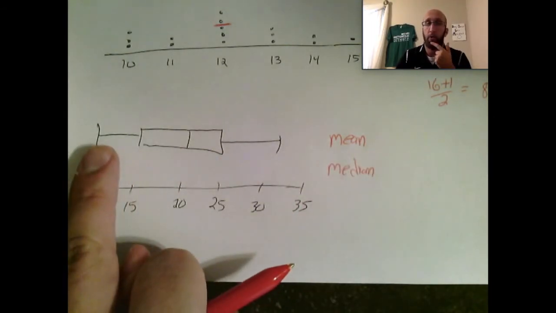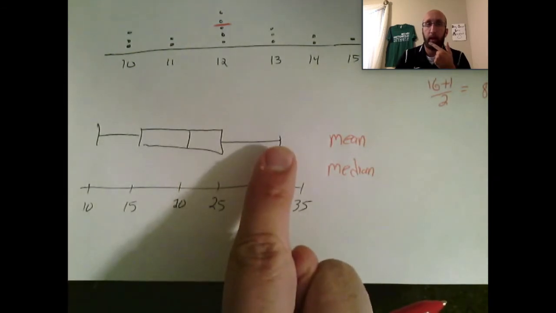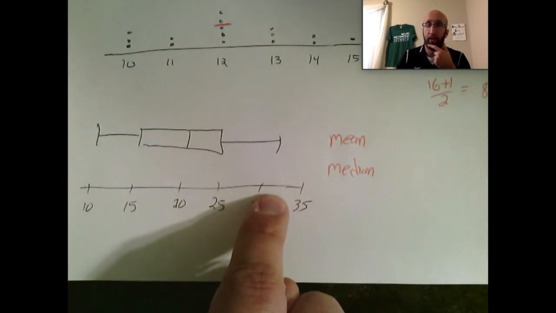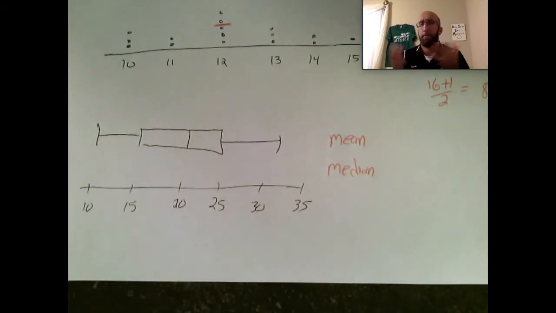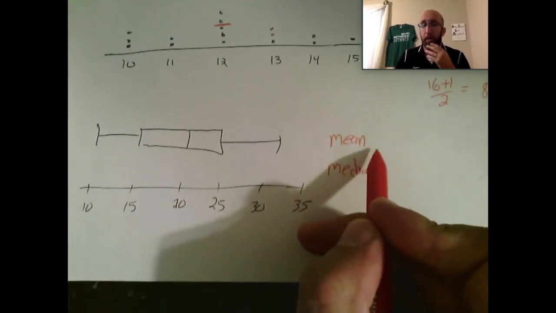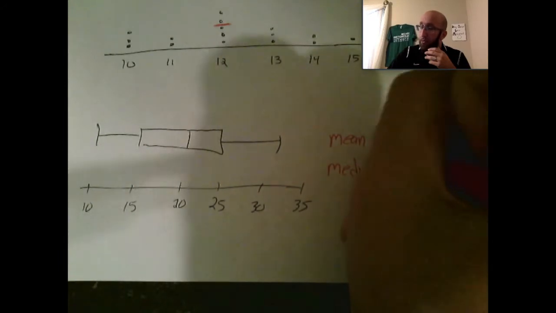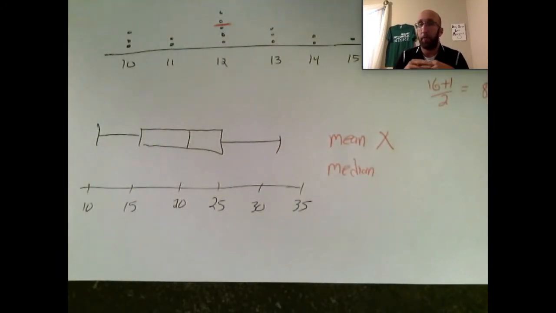I could figure out what my lowest data point is. I could figure out what my highest data point is. But beyond that, these Q1, the median, and Q3, those could be averages. I don't know if those are actual data points. So I don't know every single data point, so I cannot do the mean on a box and whisker plot.